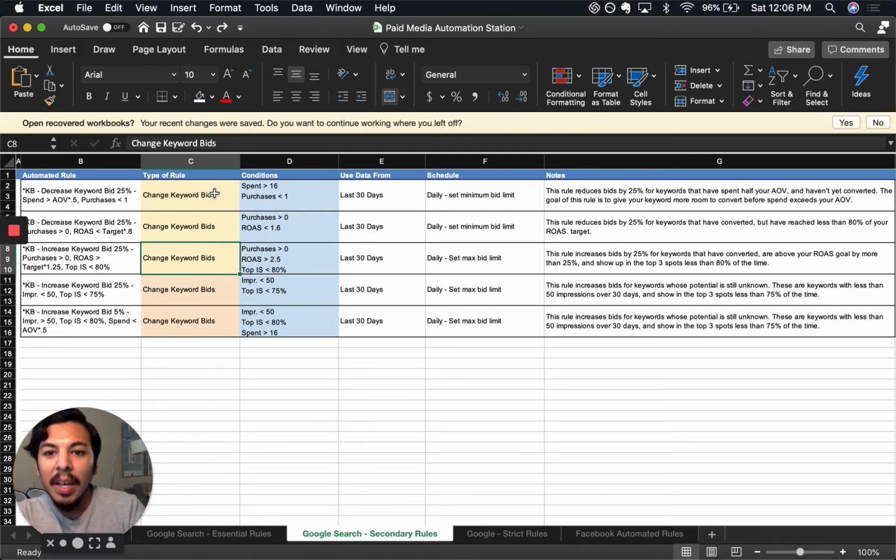So in this case, if we see that we've spent more than half of our average order value and still haven't gotten a purchase, then this rule, as a sort of preliminary measure, is going to decrease your bids by about 25%. And one thing I'll mention too is that these also run on a daily basis.